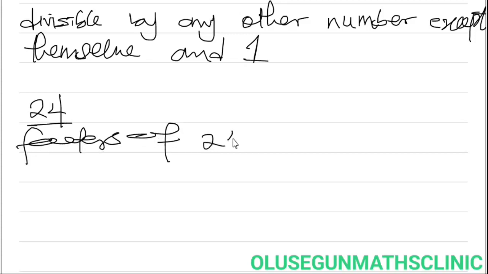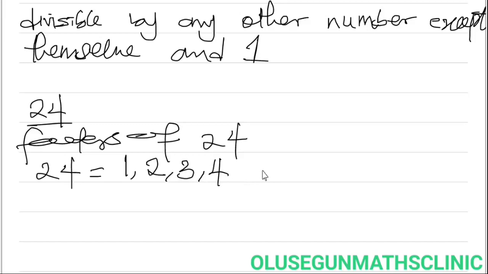The factors of 24 start with 1. 1 can divide 24. 2, 3, 4, 6, 8, 12, and 24. So all these numbers can divide 24. So these are the factors of 24.